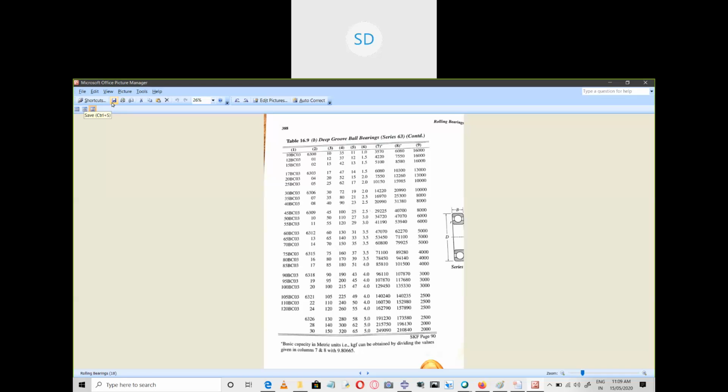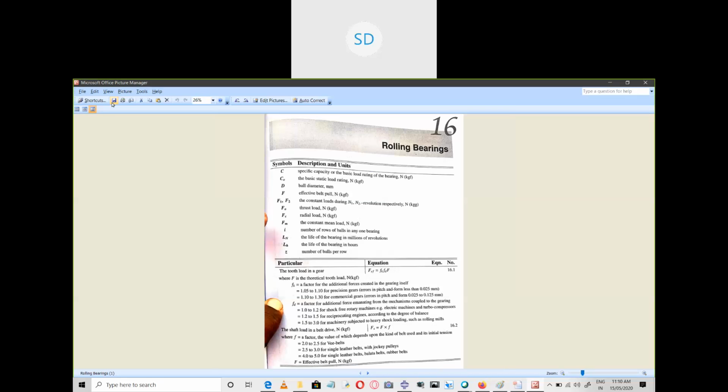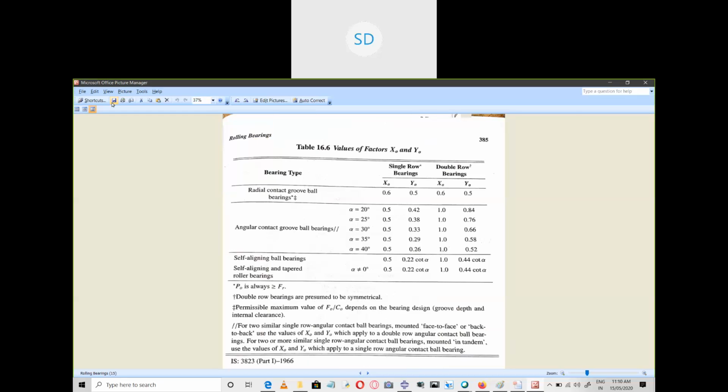Now this is the deep groove ball bearings. The series is 3 here, and now this is series 2. I think series 1 is not there in the data book. Okay, let us go for 45 BC02 here.